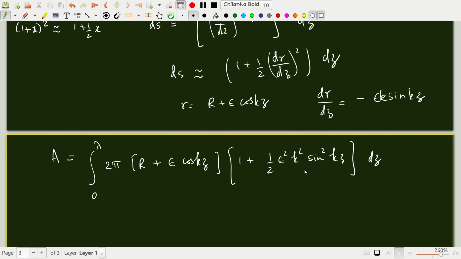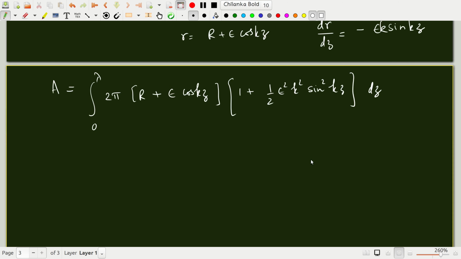Now you should know that we are interested in only terms up to order epsilon squared. Even though it's a linear stability analysis, area must be computed up to order epsilon squared, and anything of order epsilon cube can be neglected.